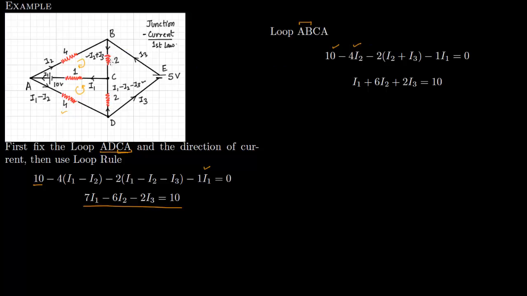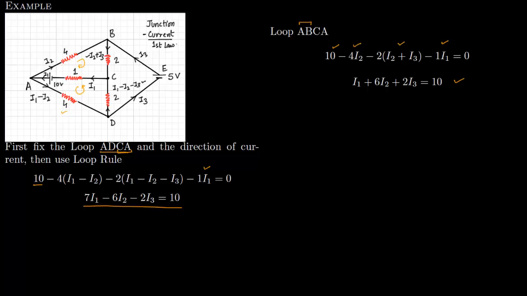Then you encounter 2, with current I2 plus I3, in the same direction as the loop, so again a negative sign: minus 2(I2 plus I3). Then you have minus I1, again the same direction as the loop, so 1 times I1. So we have covered the loop A, B, C, A. You add this up and you get I1 plus 6 I2 plus 2 I3 is equal to 10.